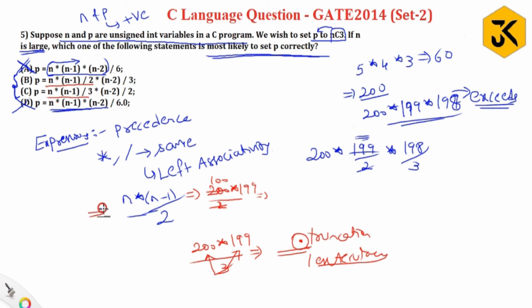But whereas if you take option B, n into n minus 1 by 2 is always divisible by 2. Why? Let's take the expression n into n minus 1 by 2. If n is an even number, n minus 1 is an odd number. If suppose n is an odd number, n minus 1 should compulsorily be an even number.